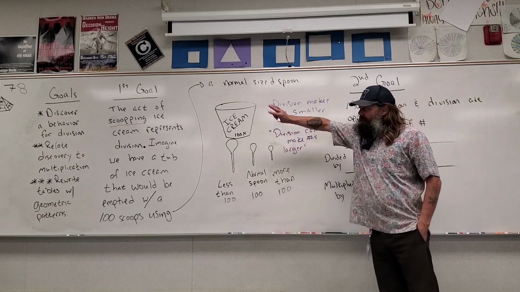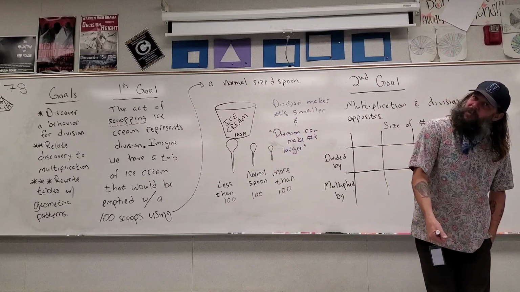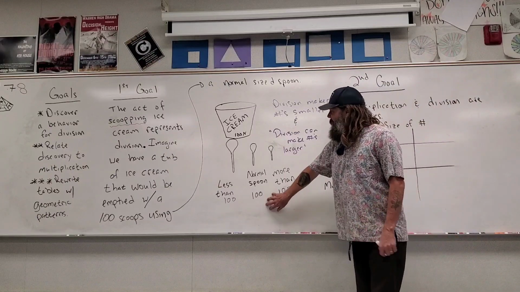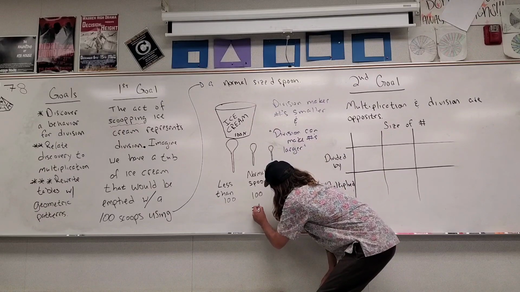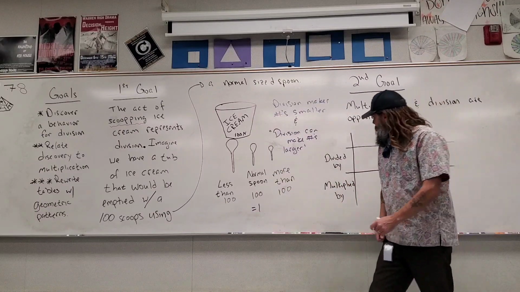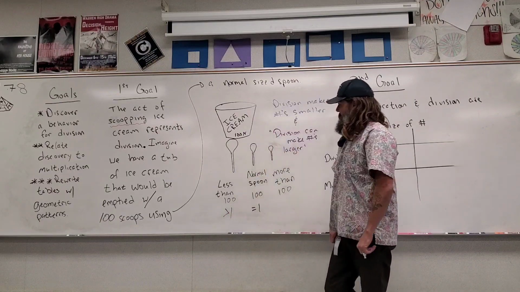And so in this analogy for division, these spoons actually do represent numbers. Now, the normal spoon is actually the number 1, okay? The large spoon are numbers that are larger than 1, bigger than 1.